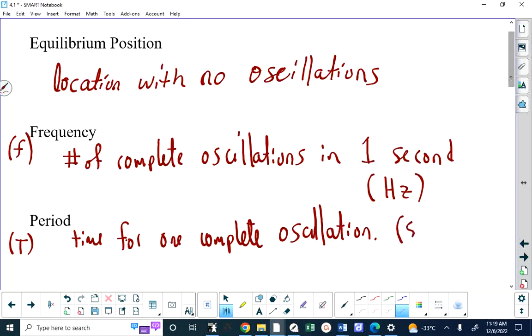And that's measured in seconds. And the relationship between these two, of course, is that period is 1 over frequency. If frequency is how many times per second, and period is how many seconds per time, they are reciprocals of each other.